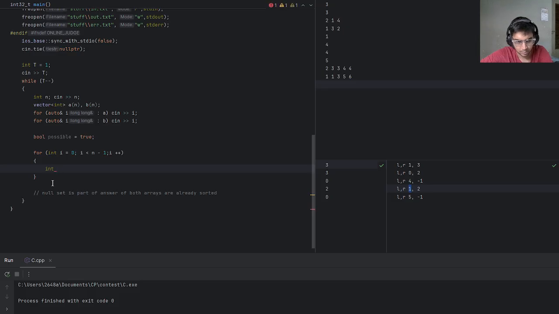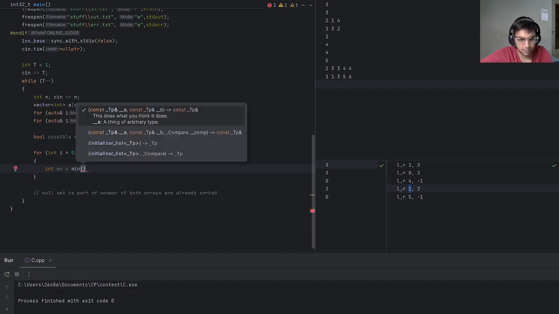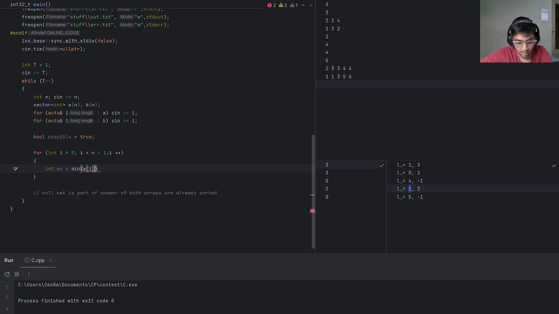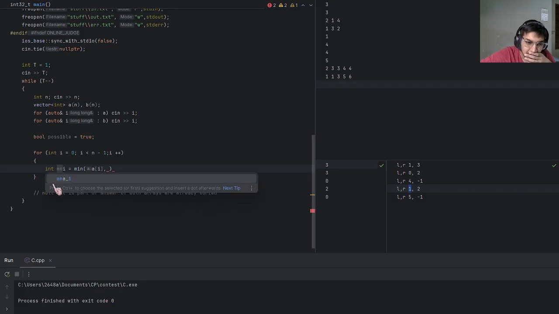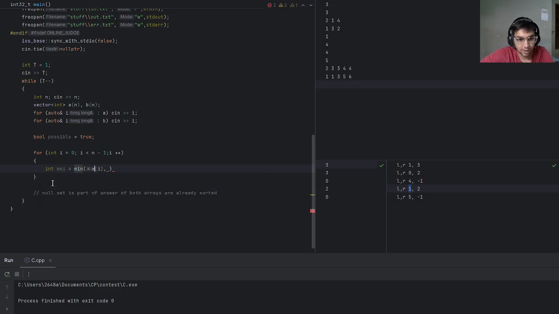So we can say minimum is basically minimum of A of I. Let's call it eliminate. Simplify. And moving, will I, and yeah. So the A of I and B of I.